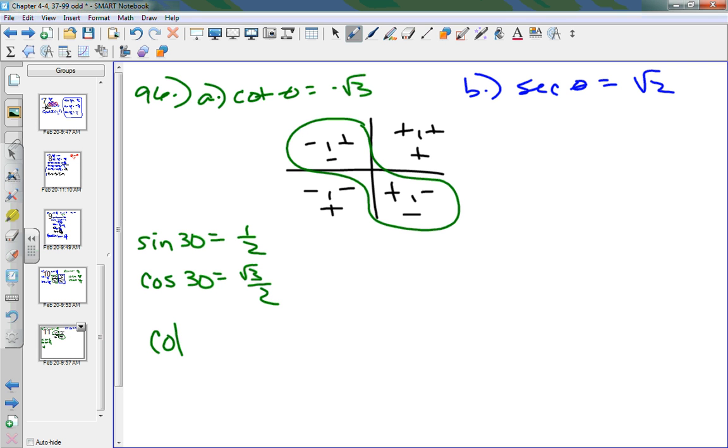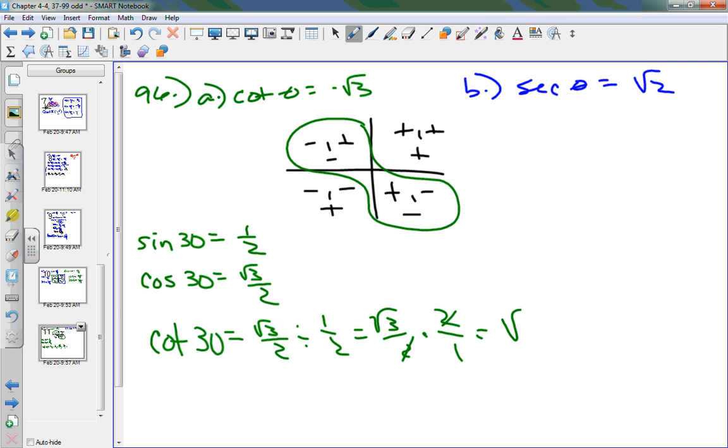The cotangent of 30 is going to be my cosine divided by my sine, which is going to be the square root of 3 over 2 times 2 over 1 to give you the square root of 3. Notice I did the cotangent, cosine over sine. Does it work? It works. So, I know the cotangent of 30 degrees is the square root of 3.